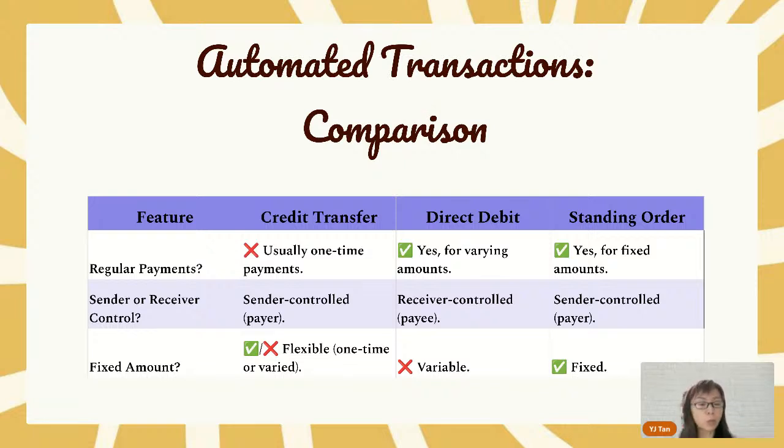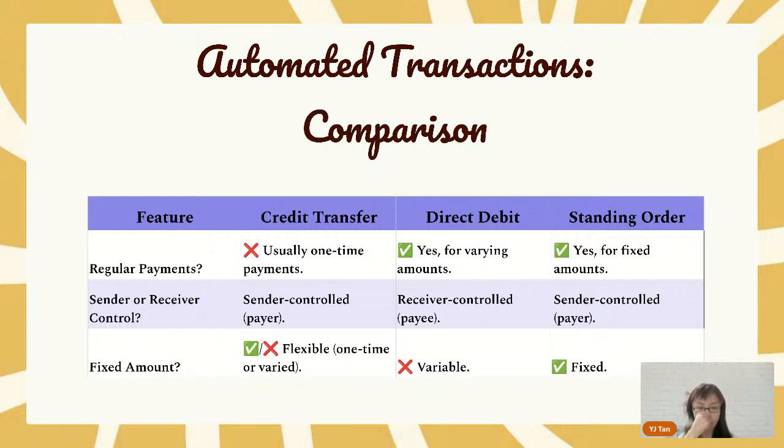The second thing that we can compare is sender or receiver. For credit transfer, the sender, that means the payer, is the one who controls the amount and when to pay. But for direct debit, it is the receiver, for example the credit card company or the water company.